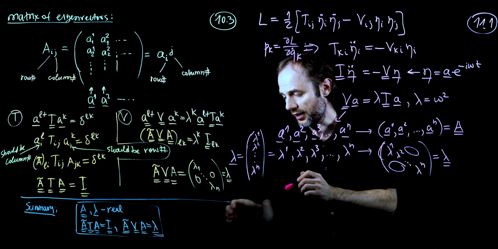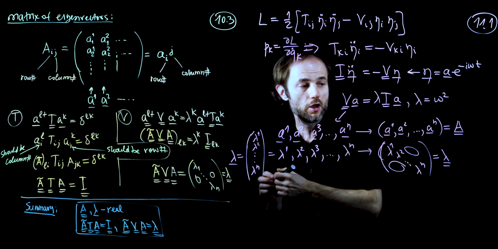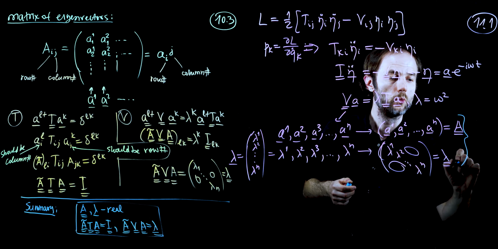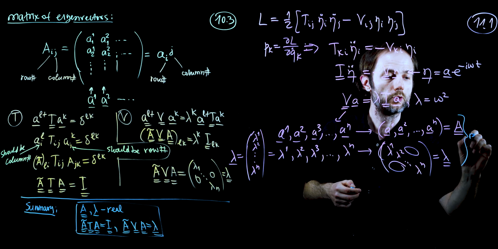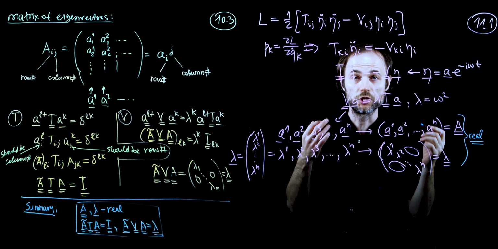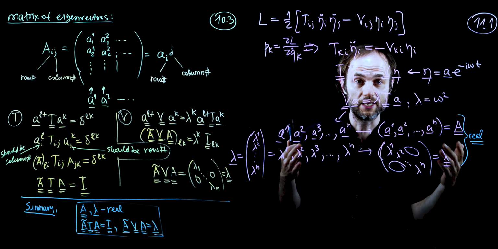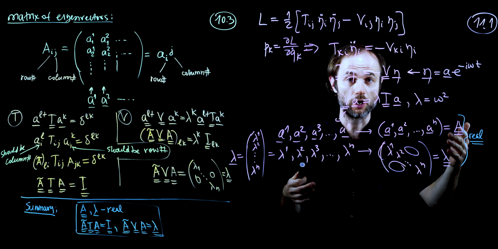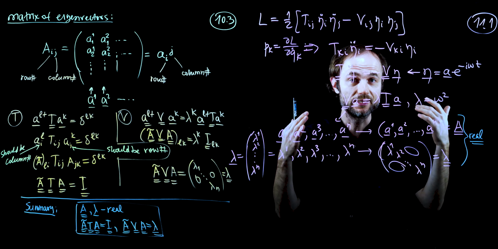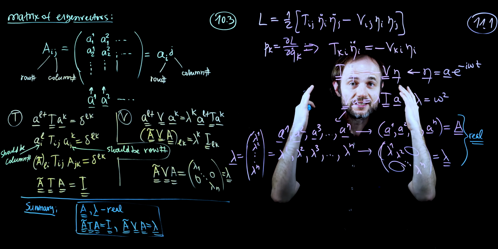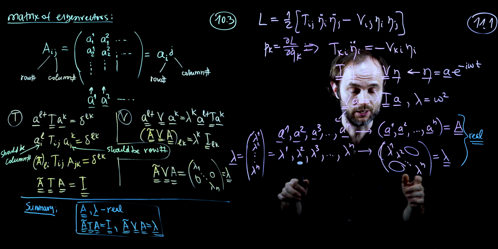And now that we've defined this notation, here are the results. We found that A and lambda are both real, which means that we don't have to deal with complex numbers here. If we take a complex conjugate, we're going to get back the same exact value. That simplifies life dramatically.